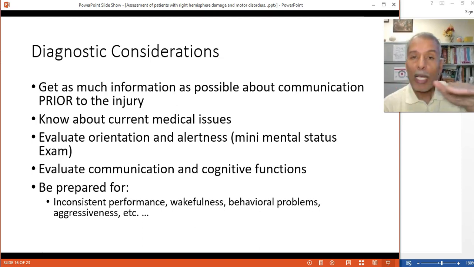That becomes your baseline. For example, let's say after the injury, they can follow directions with 30% accuracy. Like if you give them 10 directions, they will be able to follow 3, and then they wouldn't be able to continue. All the other ones will be inaccurate. So that 30% is your baseline. And then you work with the patient and keep working, and then you go back and evaluate.